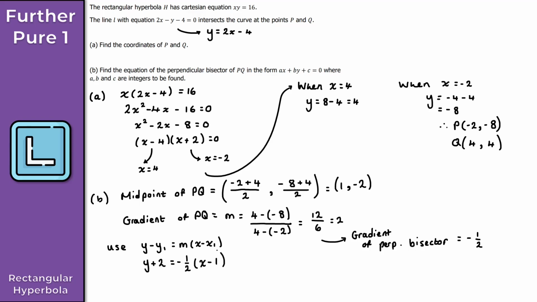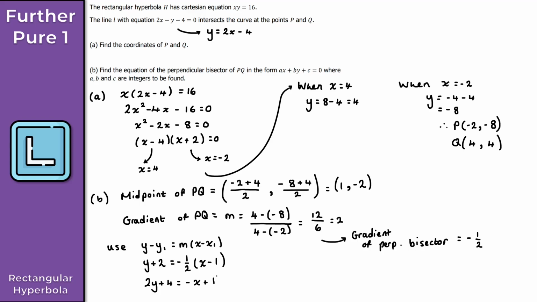So the next thing that I'm going to do here then is times through by 2. This will just ensure that we have integer coefficients. Okay, so we get 2y plus 4 is equal to, so I then get minus 1 times by x, that's minus x there. Then minus 1 times minus 1, we get plus 1 there.